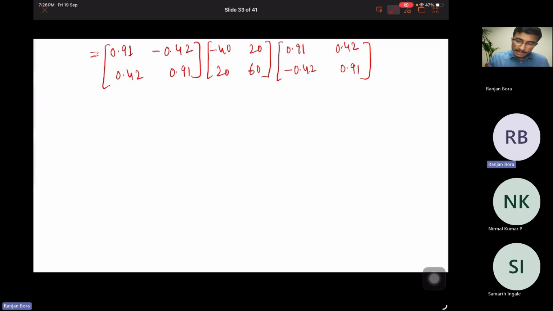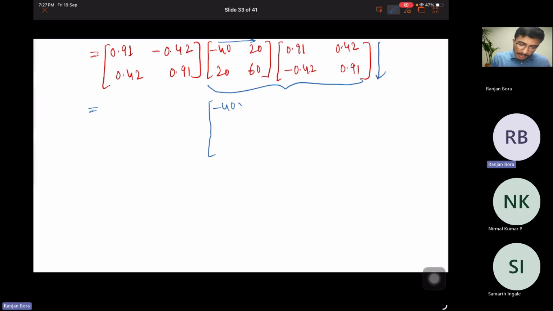Now we'll do the matrix multiplication. So in matrix multiplication, we multiply this first row with the first column and we add. Now I'll show you how to do the multiplication. So first we'll do these two multiplications.